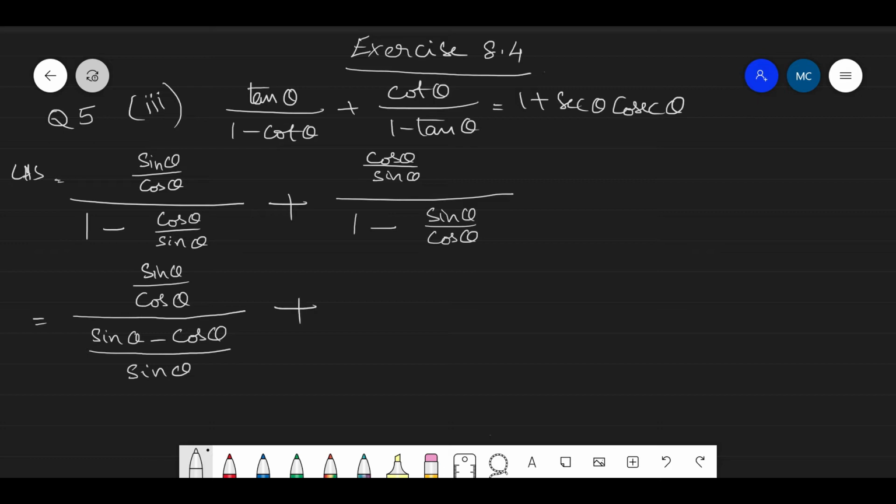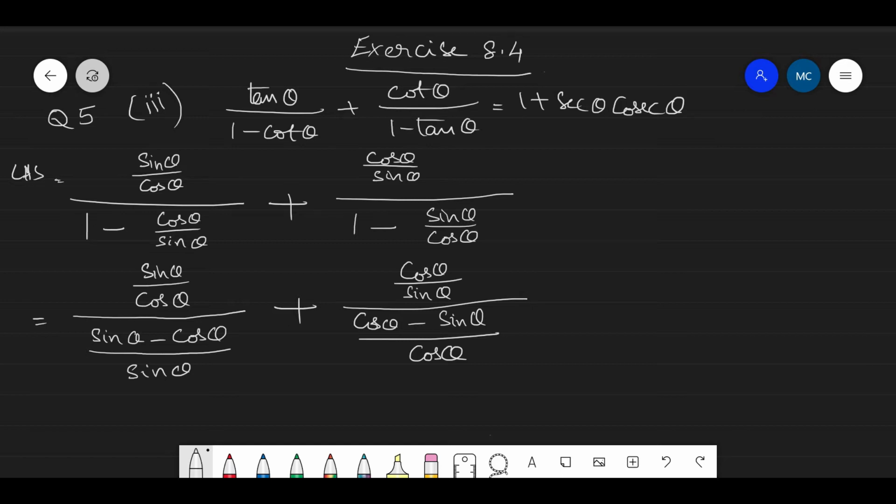And here in this term, the numerator again keep it same, cos theta by sin theta, and the denominator is cos theta minus sin theta by cos theta. So in this case, we maintained the numerator like that only, and we simplified the denominator using LCM.